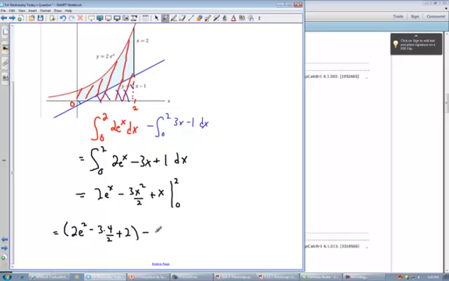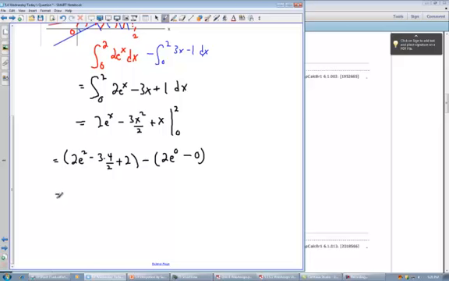And then when I plug in 0, I have to be careful here because I do get something other than 0, because when I plug in 0 for x in the exponential function, I actually get a 1 here. And then, of course, the other terms are 0, so minus 0. If you plug in 0 here, you get 0. If you plug in 0 there, you get 0.